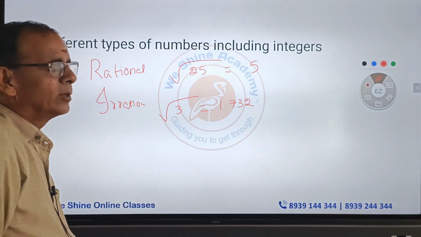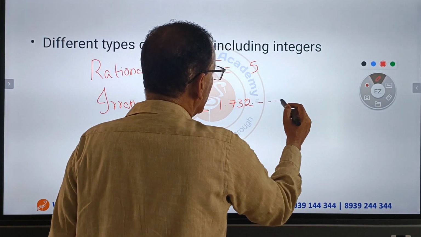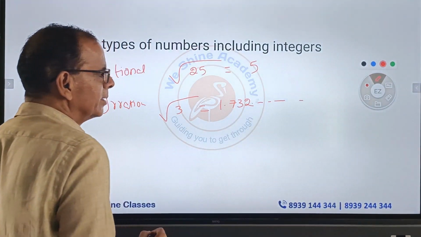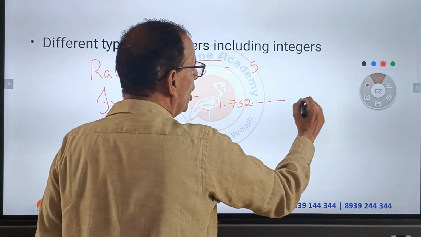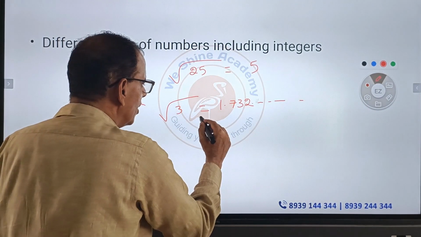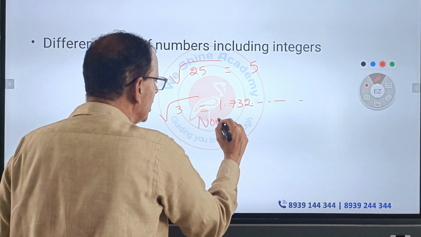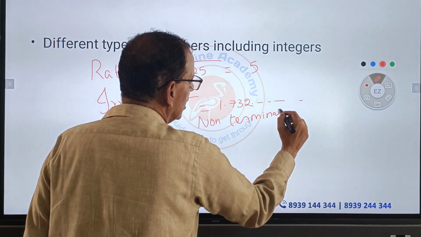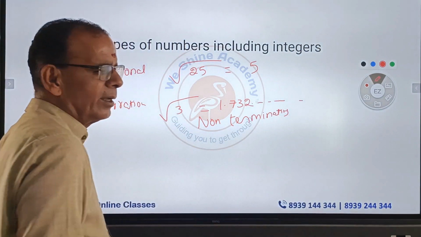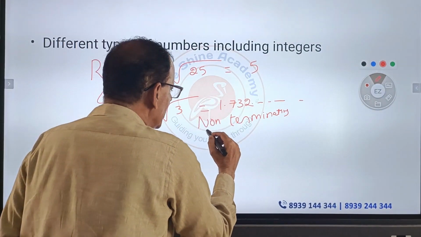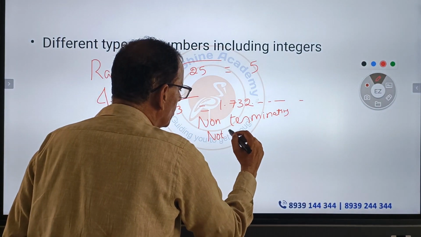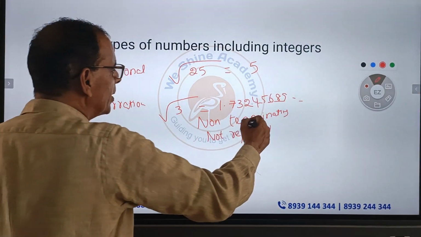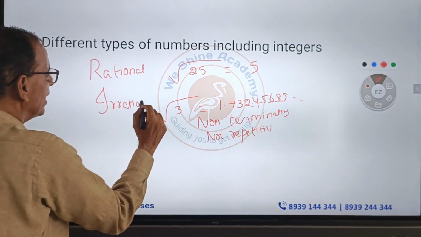It will go on, 1.73286, like this. When the digits after the dot go on and get extended, that is called non-terminating. That means no end. In this case, not repetitive. When the number is not repetitive but non-terminating, it is called an irrational number.